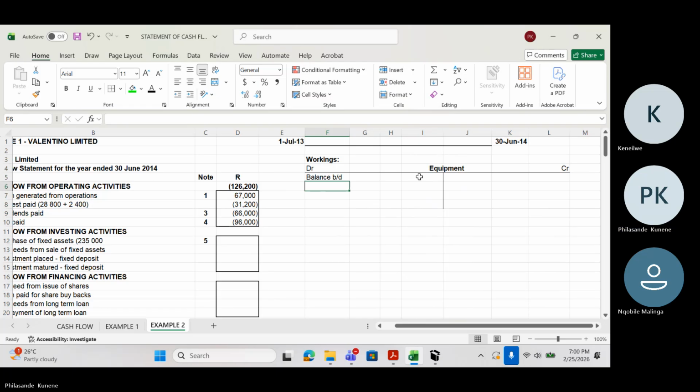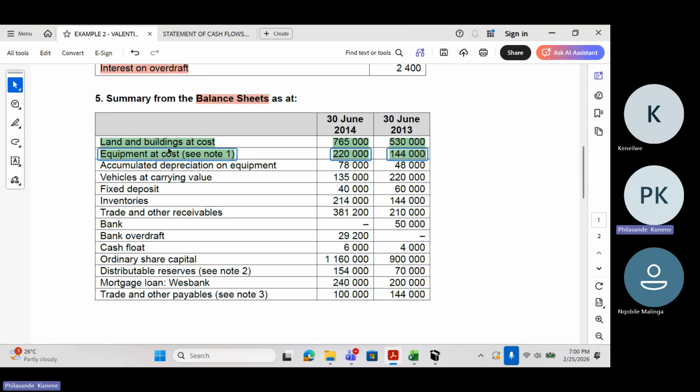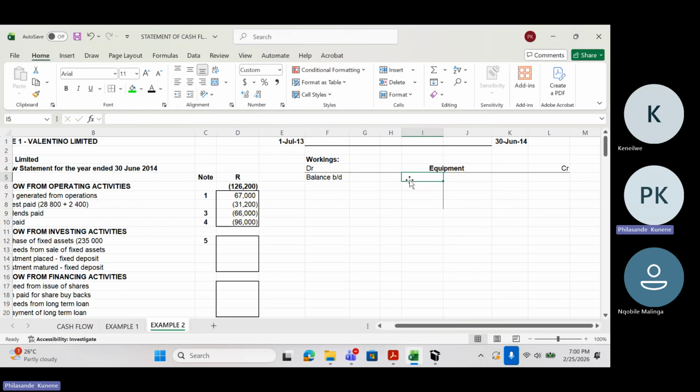Equipment. If I have the balance brought down, let's go and check here. We have equipment which is 144,000 rands. That is the cost of equipment we had at the beginning. Remember, now we're dealing with cost price, not the carrying value.